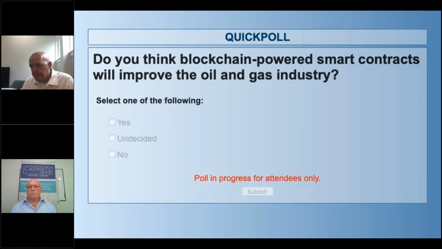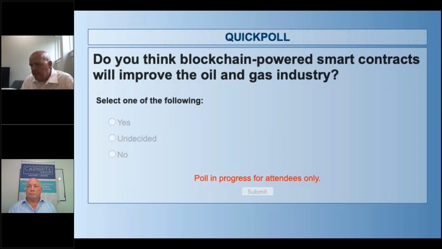Great. Aside from real-time LOE, what other major use cases for blockchain have you seen in the oil and gas industry? How long have you got? So you've got automation of integrated drilling contracts. We're talking about the use case in the Gulf of Mexico, and we're working on multiple use cases for that, so that's a huge one.